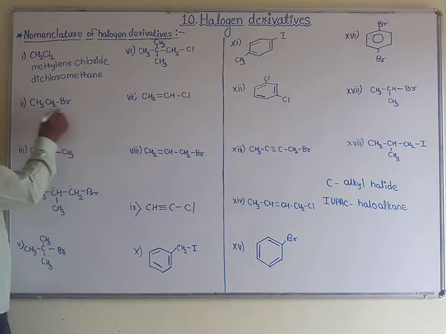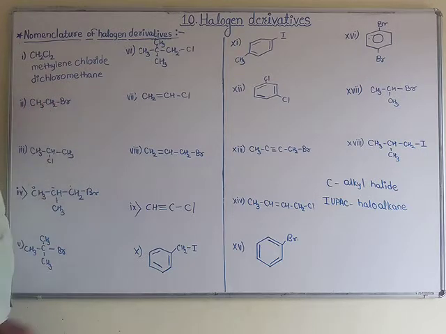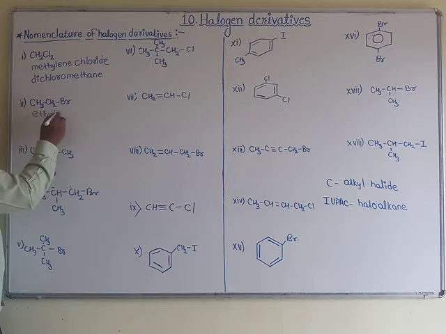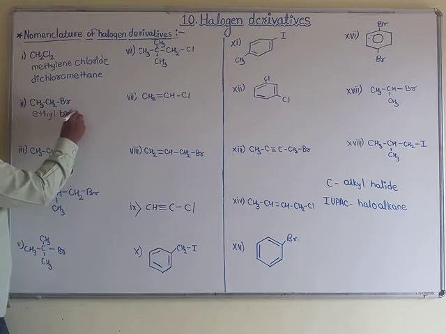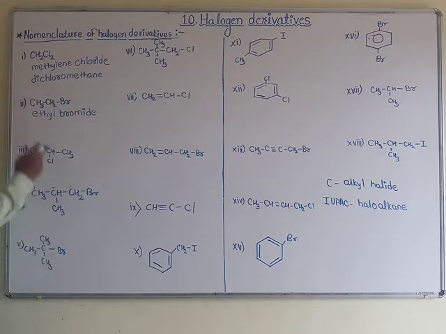See the next compound. In this second compound, the molecular formula is CH3CH2Br. Two carbon atoms are present and the halogen is bromine. Therefore, its common name is ethyl bromide.